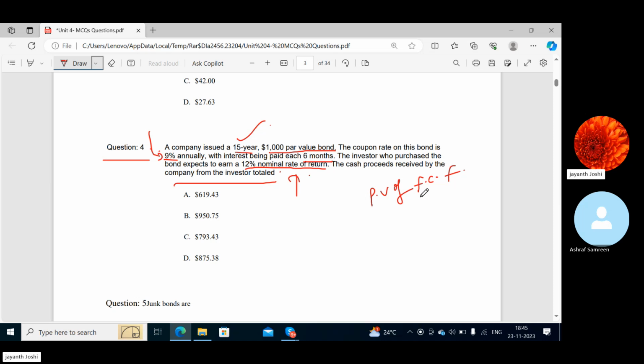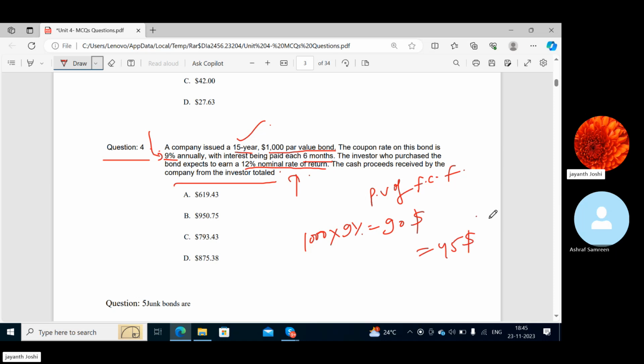So shall we do this? So first of all, this is $1,000. 9% of $1,000 is $90, right? But they are paying the coupon semi-annually. So semi-annual coupon will be $45.